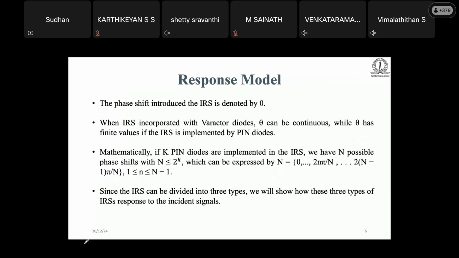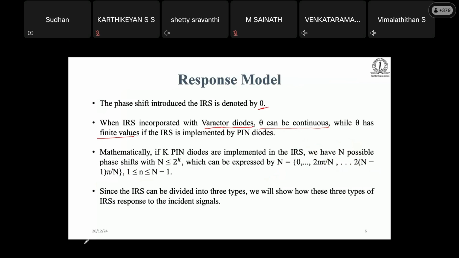Now, how is the model? The phase shift introduced in the IRS is generated by theta, and this IRS incorporates varactor diodes, and this theta can be continuous and it can also be a finite value.